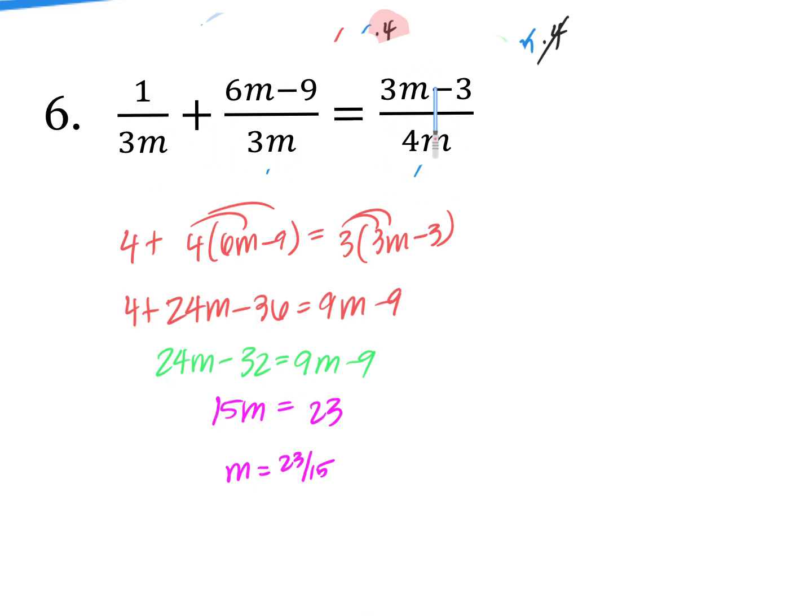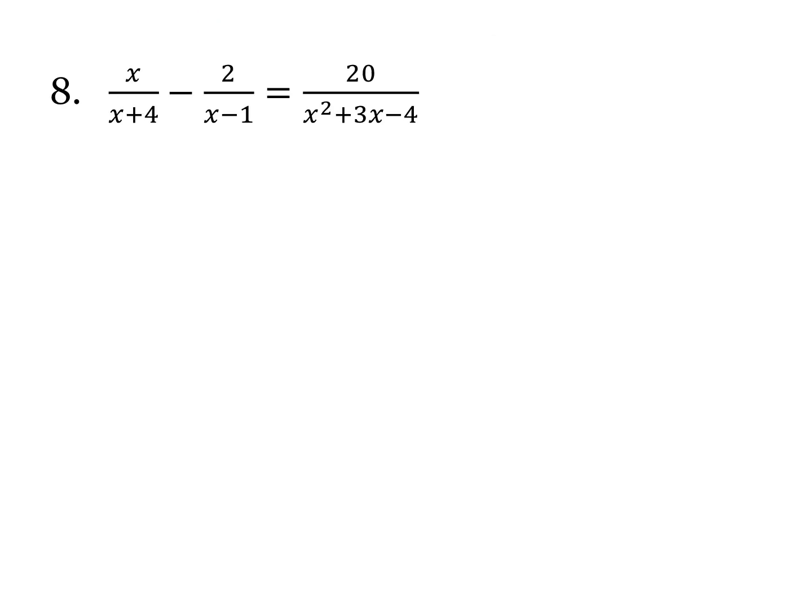Is that equal to my right side? So I'm going to type my right side in too. 3x minus 3 over 4x. And do they equal? Do I guarantee that I got the right answer then? So plugging that in is a nice check for you to be like, oh, then I know I did it right.